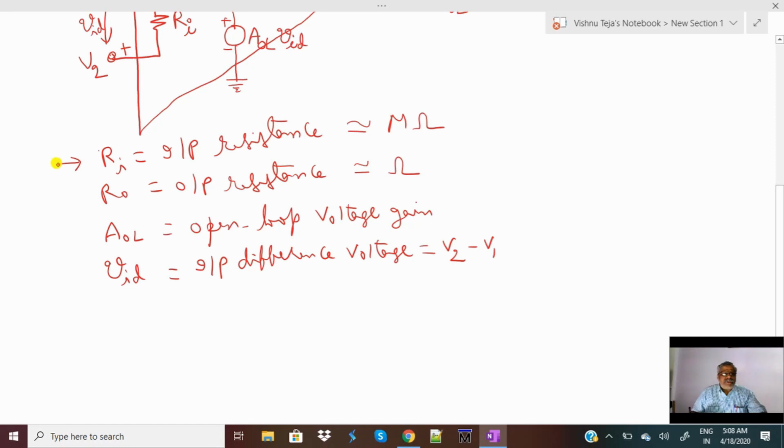Here, a few points are to be observed carefully. Why is the input impedance of the operational amplifier very high? Because, as we learned earlier, the internal block diagram of the operational amplifier consists of 4 blocks. The first one is the dual input balanced output block. That circuit consists of emitter coupled differential amplifier stages, and the input impedance of an emitter coupled differential amplifier is normally very high.